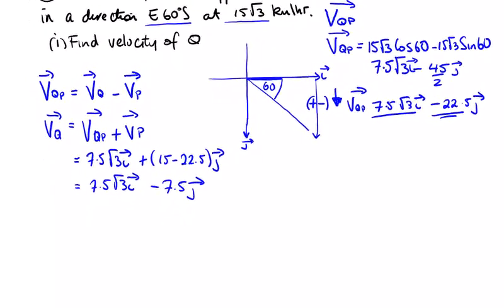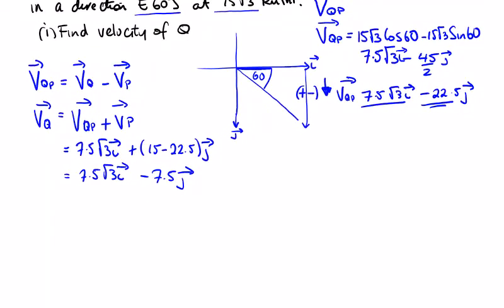So the magnitude and the direction. So magnitude, the velocity of Q is equal to the square root of 7.5√3 squared plus 7.5 squared.